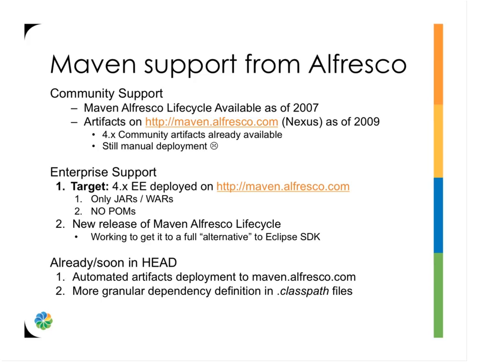I'll take an action, Steve. That's the kind of thing where, if you would submit a JIRA on that, that would be great, because that should not be the case. I'm not aware of why we would take those away on purpose. So anyway, Steve, if you could submit a JIRA on that, I think that's probably the most efficient way to get something done about the Windows community installer.